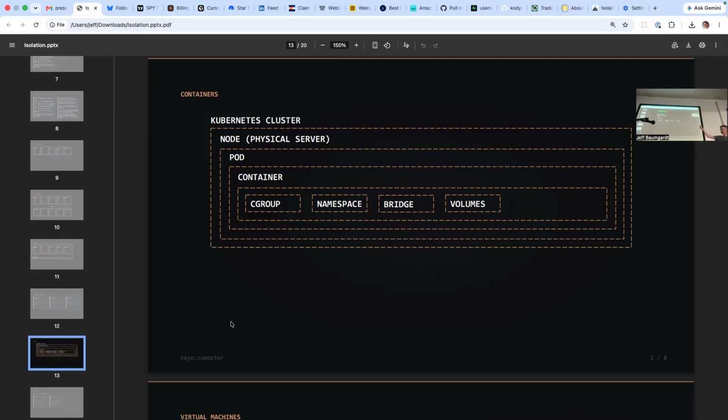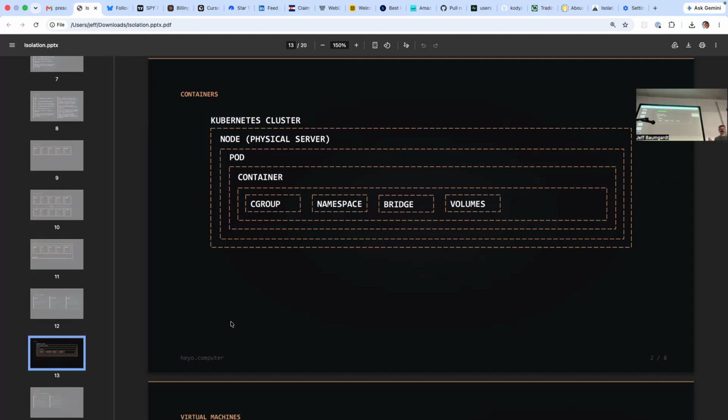The hardware is the physical server called the node. So you can have a collection of nodes. The control plane manages workloads across those. You have the management layer, you have the node, you have the pod, you have the container, and then you actually have your isolation mechanisms down at the operating system level. So you actually have to drill down several layers before you actually get to the isolation. It makes for a fair amount of complexity for running workloads.